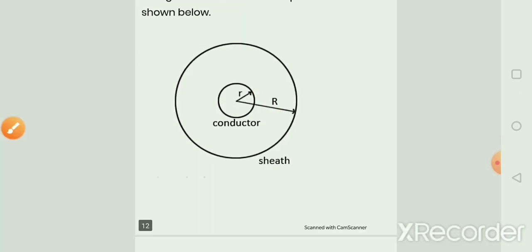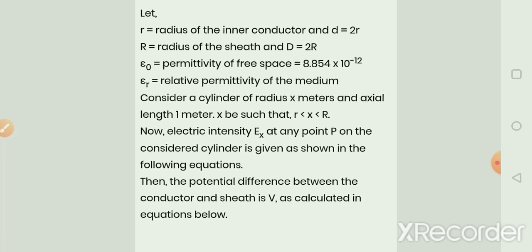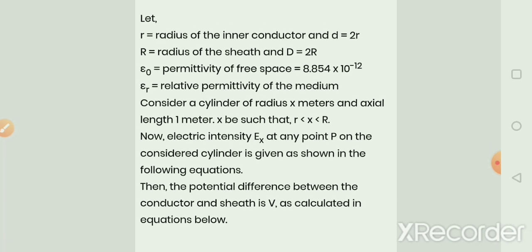Small r is the radius of the inner conductor, so its diameter is d equal to 2r, and capital R is the radius of the sheath, with diameter 2 into capital R.